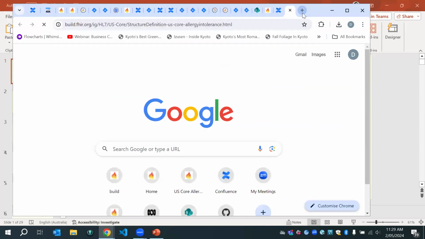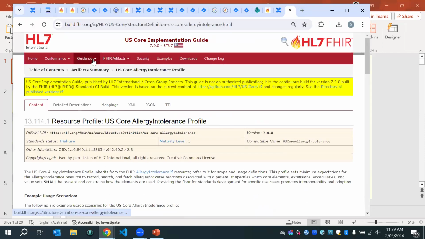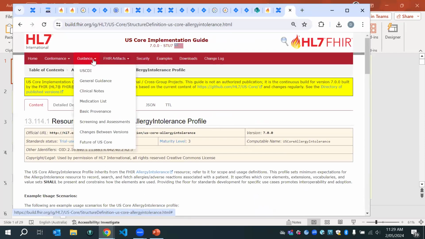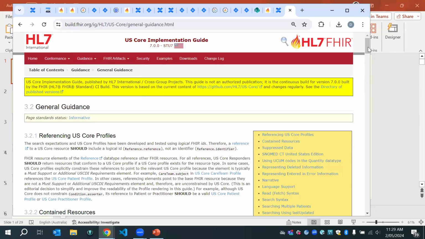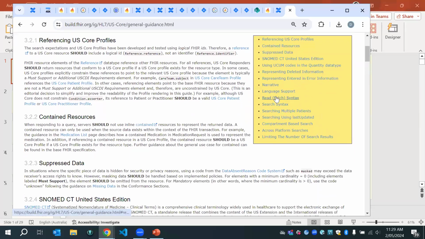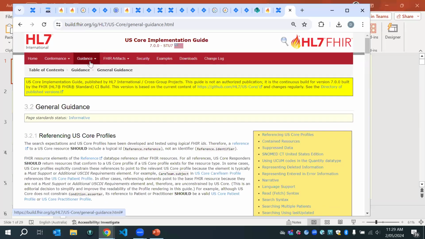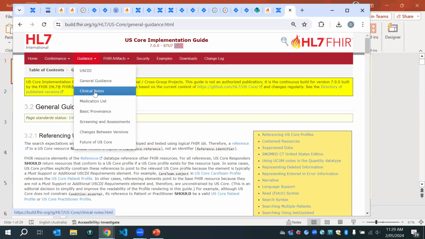US Core has, assuming we're looking at that, we're treating guidance there. They have a general guidance, and then they have use case based separate pages. Their general guidance is quite massive, actually, with lots of different things, including narrative and language support and so forth. And they separate out guidance on use cases.